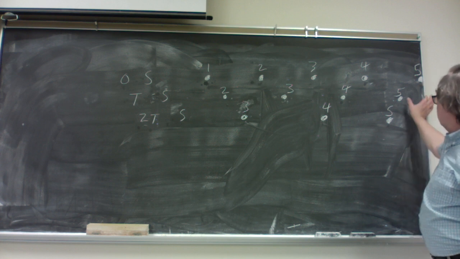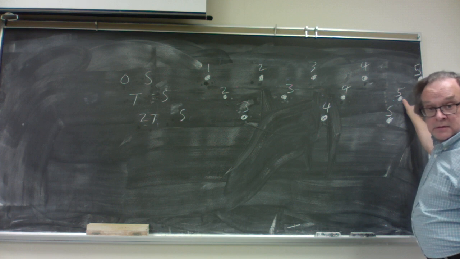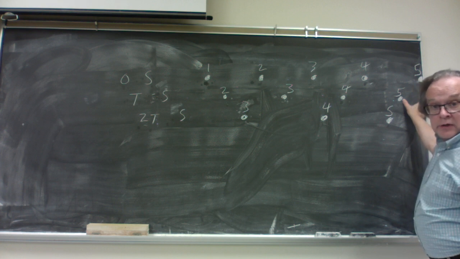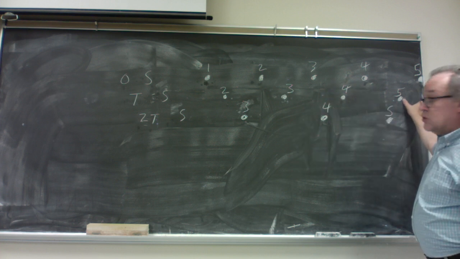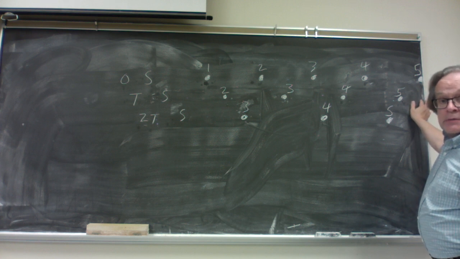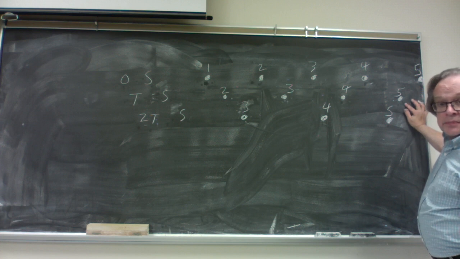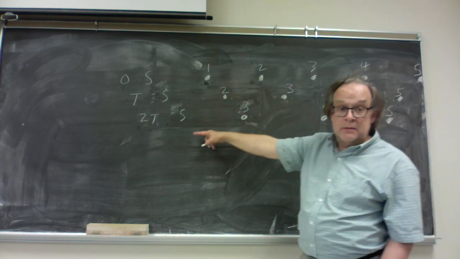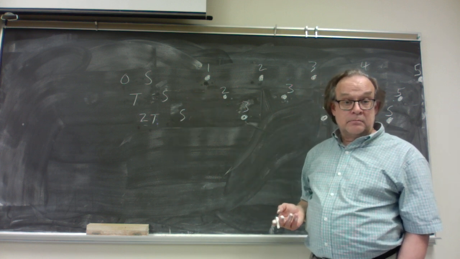But notice that this distance here is much less than a wavelength. So traveling at the same wave speed as any other piece of this wave, it's going to take a much shorter time for this pulse to arrive here. So in other words, the time interval between the arrival of this pulse and the arrival of this pulse is pretty short compared to the amount of time between each pulse being emitted by the source.